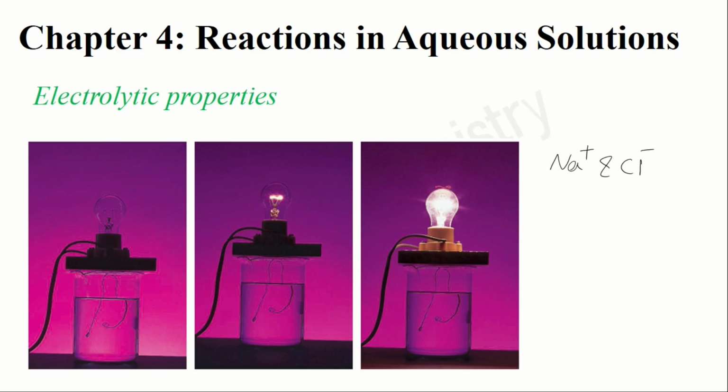Comparing the light bulb's brightness for the same molar amounts of dissolved substances helps us distinguish between strong and weak electrolytes. A characteristic of a strong electrolyte is that the solute is assumed to be 100% dissociated in the solution.